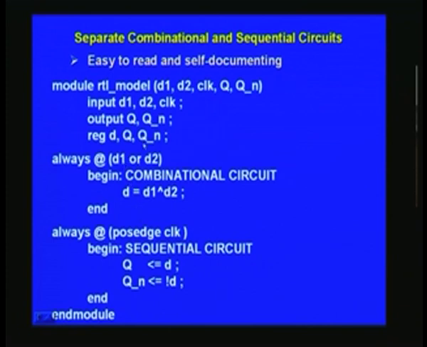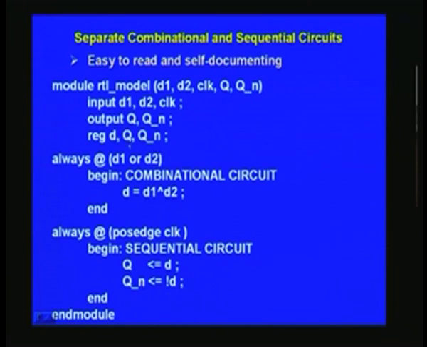So some sort of storing is taking place there. In general, whatever is an output defined in a particular always block, you declare as a reg, as a general rule. Here it was an intermediate output, this d, which is nothing but the exclusive OR of two inputs, so you declare this d as a reg, and that is what we have done. And naturally q and q underscore n are reg, being the D flip flop outputs.